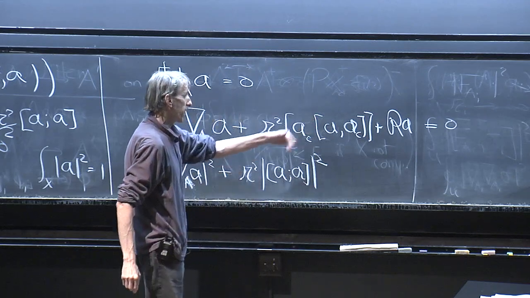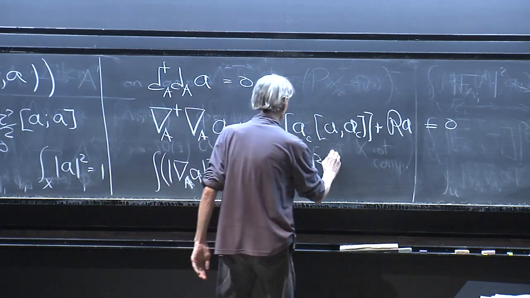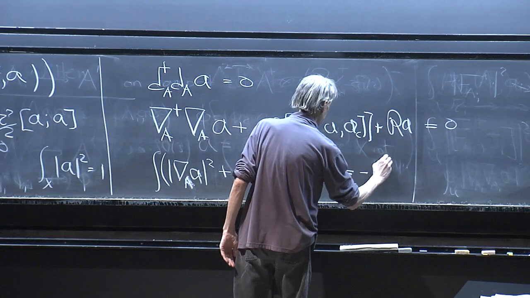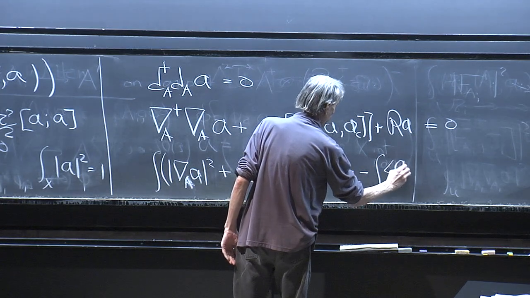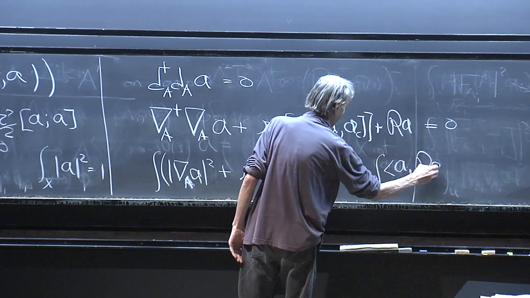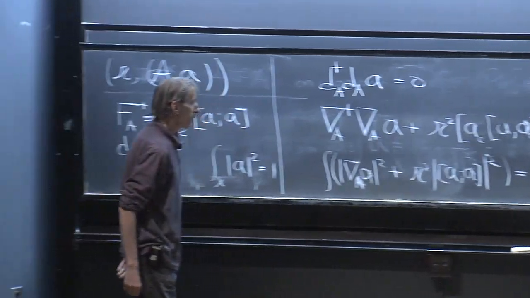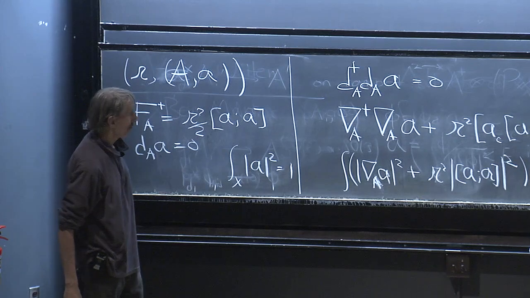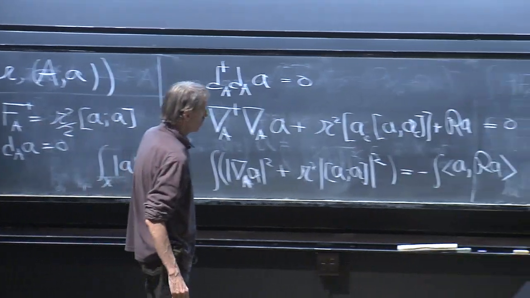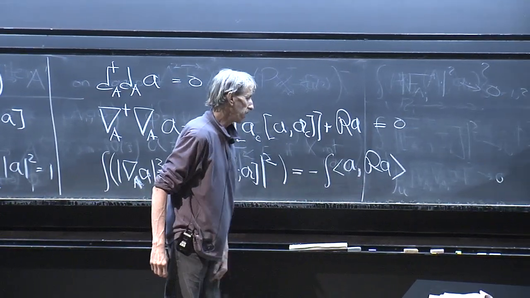And then there's this metric term, which I'll put on the other side as minus the inner product of A with R times A. So that's kind of a beautiful thing because this R is just bounded.